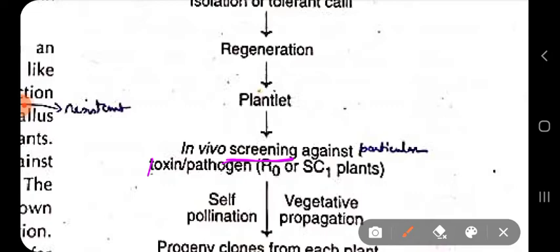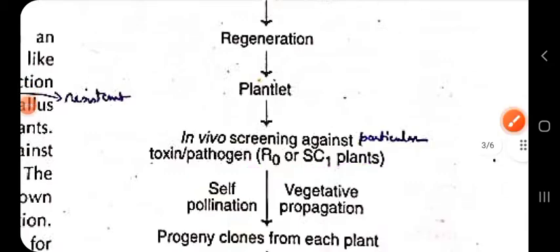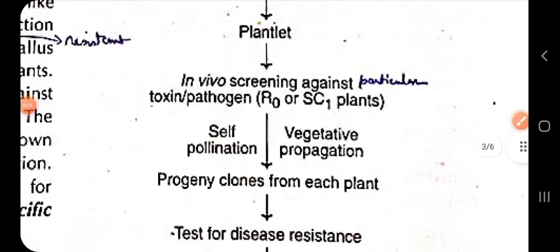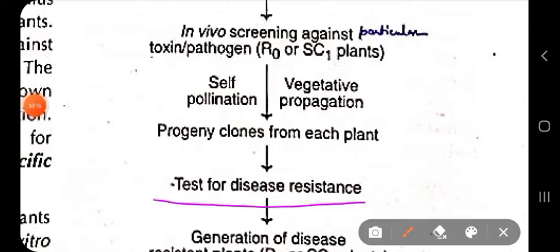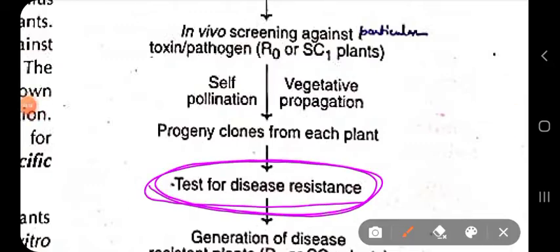Those are referred to as R0 plants or SC1 plants, as given here, the nomenclature that we have studied. Then through self pollination, because we want to maintain that disease resistant progeny, the progeny clones from each plant are again tested to check whether they truly withstand those toxic conditions.